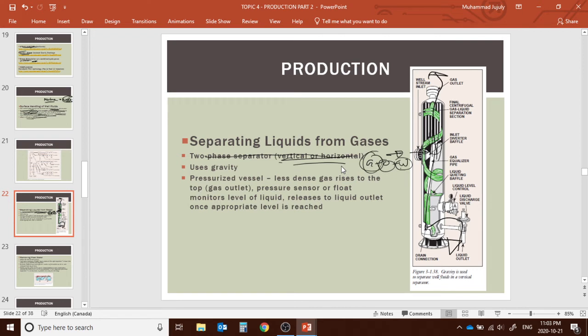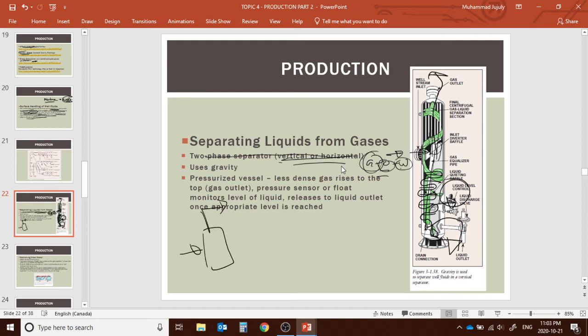Since there are lots of baffles inside, the fluid will be moving through like that, so the heaviest part, the water, will be drained out, and immediately next to that you will get the oil. Now it's not only one step; for instance, you have a series of separators.